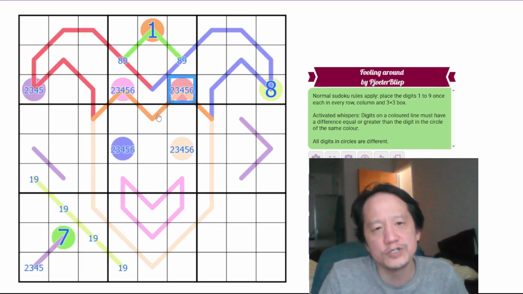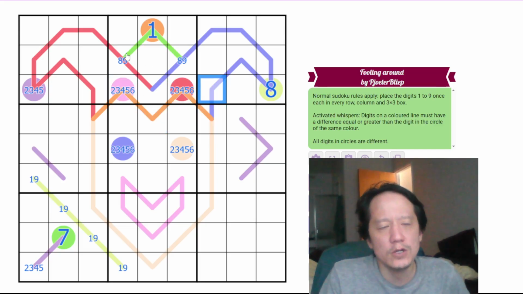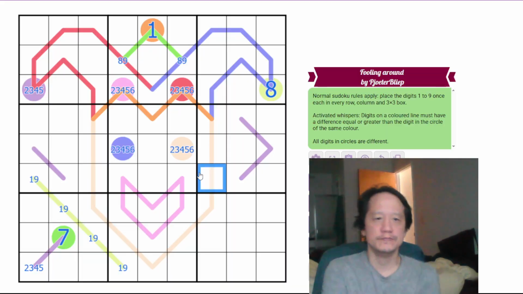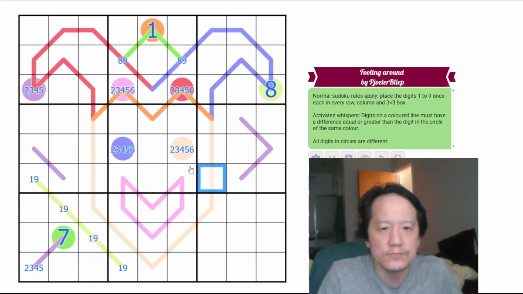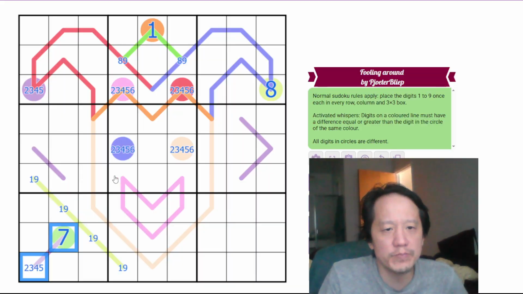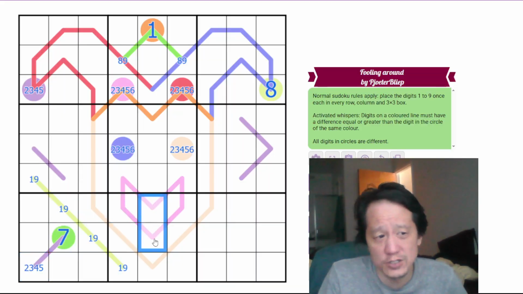The oranges could be differences of 1. But the red and the blue cannot be. Who has a difference of 6? Lavender cannot be anymore. Pink could potentially be.